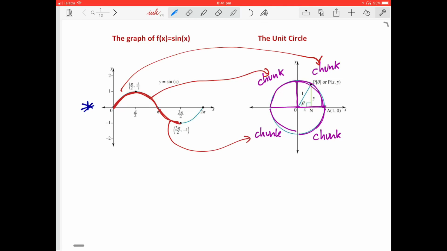The third section corresponds to the third quadrant, the third chunk, and the fourth section corresponds to the fourth quadrant, or the fourth chunk. Our values go from 0 to 1 and down to -1 because our y values go from 0 to 1 to 0 to -1 to 0. So that's how we get our basic sine graph.